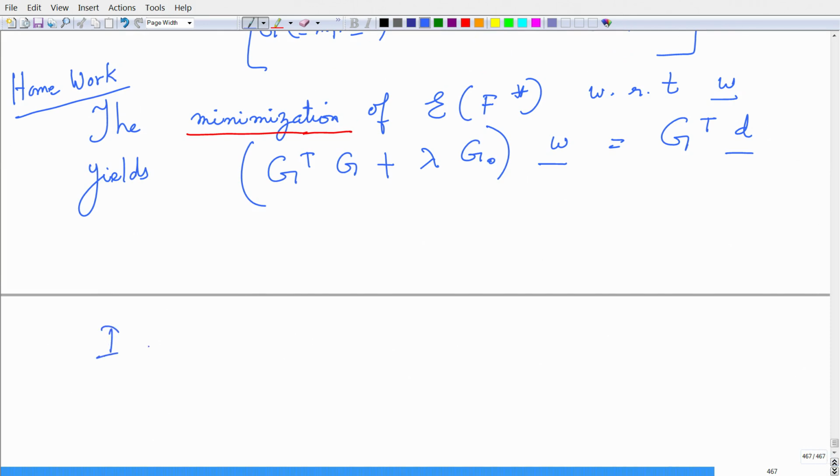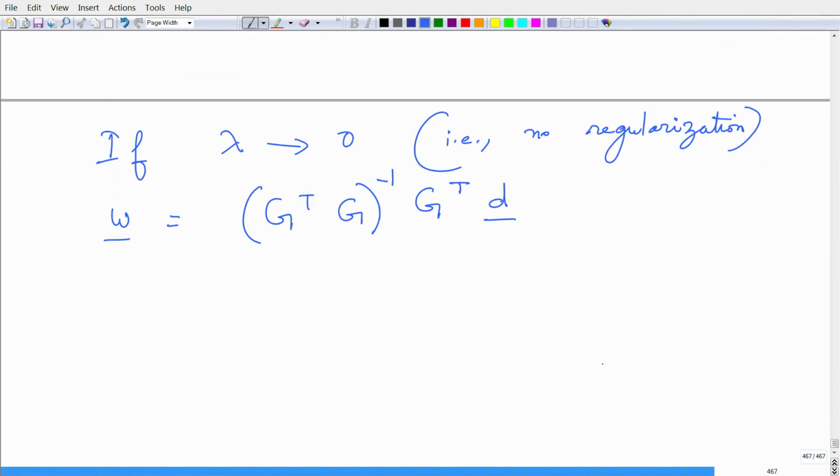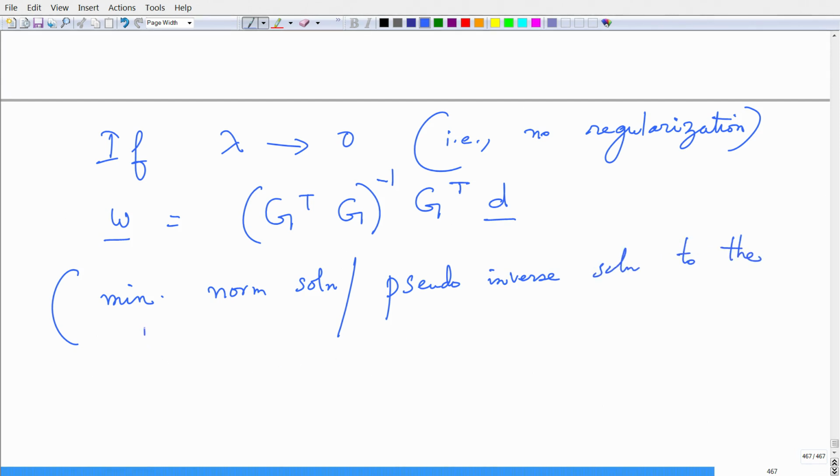So, if lambda heads to 0, that is no regularization, then my w is basically G transposed G inverse of this times G transposed this vector d, which is nothing but the minimum norm solution or the pseudo inverse to the least squares problem.